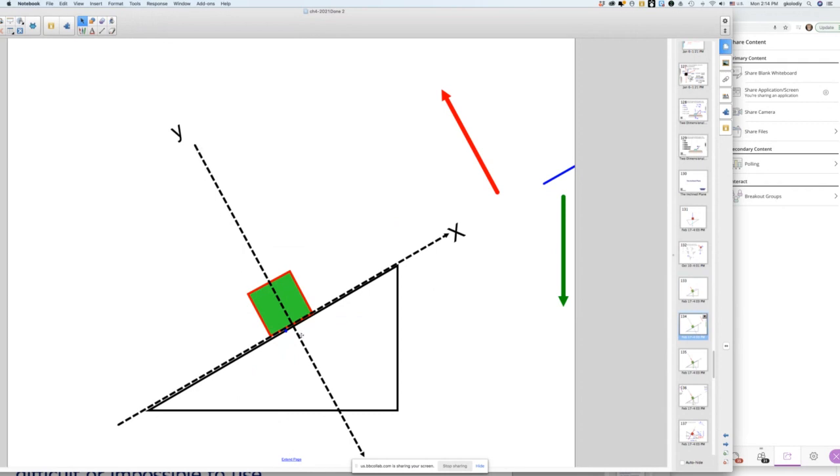If you assume this is the y-axis, there's no motion up or down. Things are just moving left and right along the plane. But all the forces that we had are still the same. They're still here. And again, if it's moving down the plane, those are the forces.